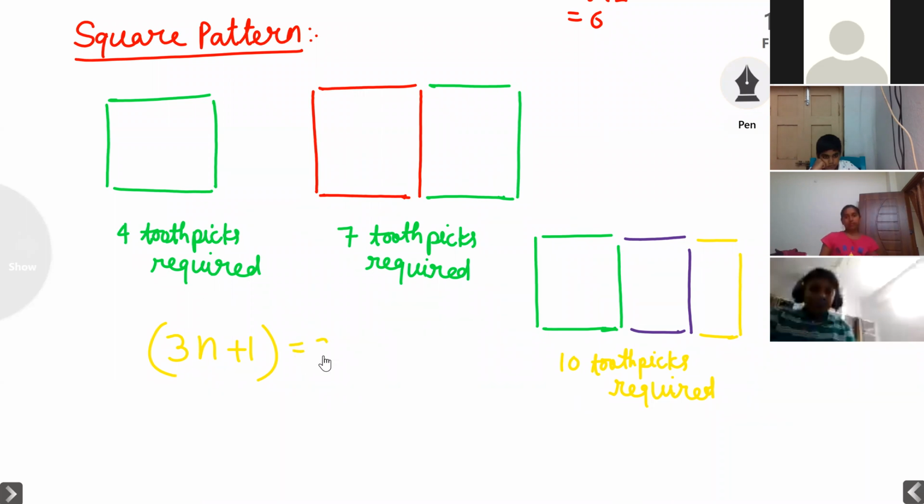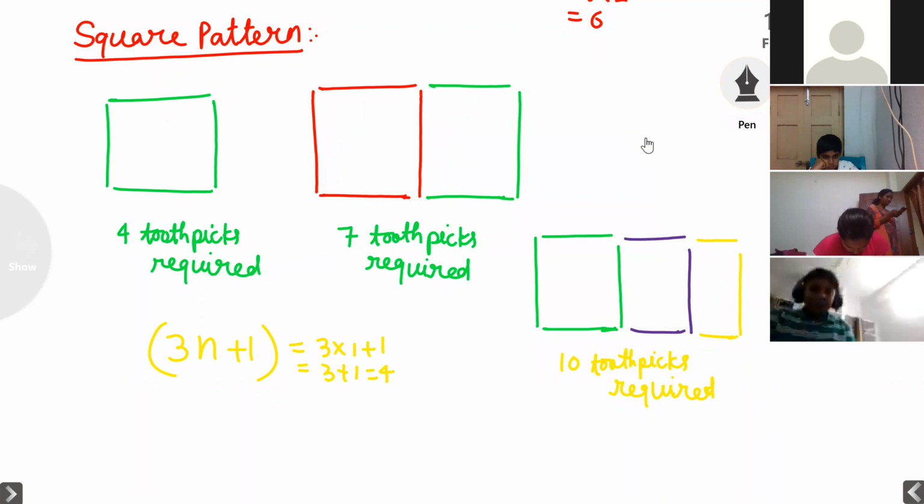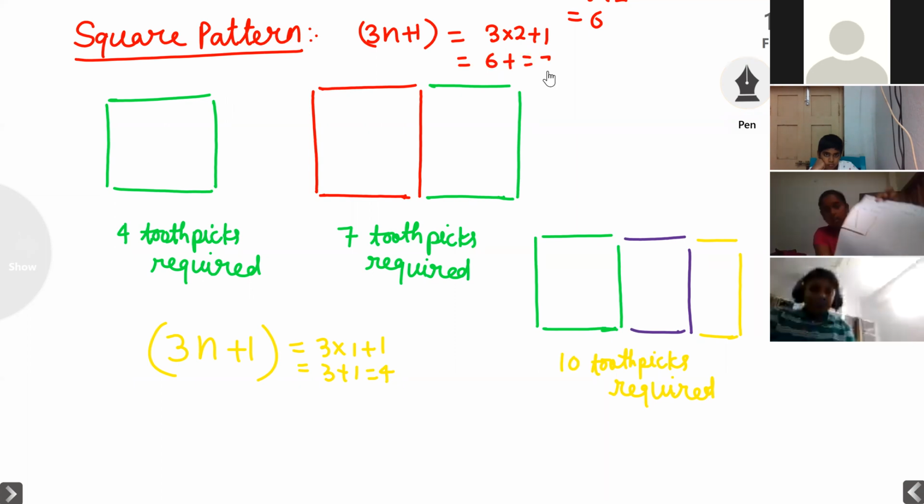So 3 into 1 plus 1, 3 ones are 3, 3 plus 1 equals 4. If I want to draw 2 squares, our formula is 3n plus 1. So 3 into 2 plus 1, 3 twos are 6 plus 1 equals 7.